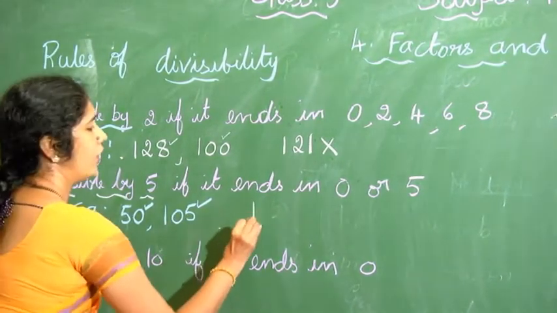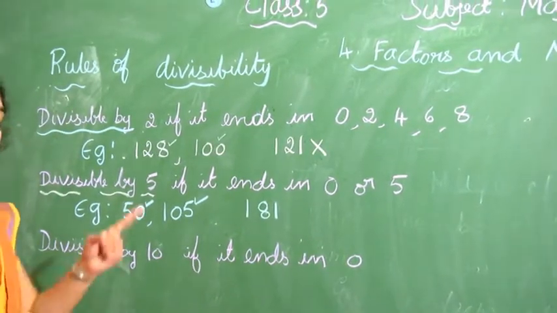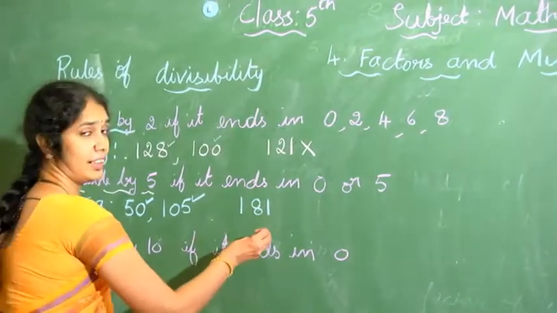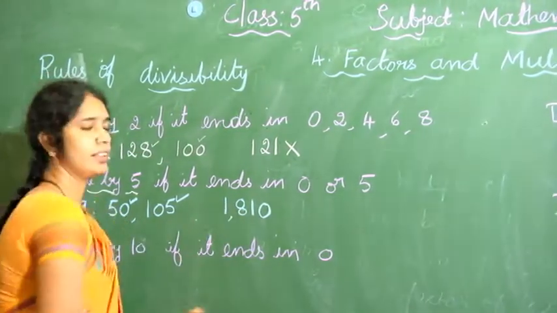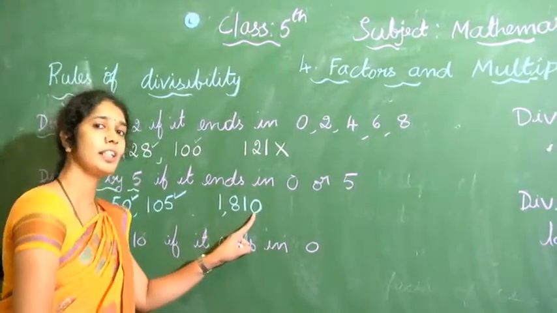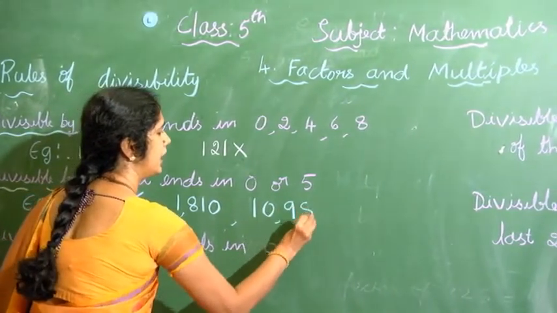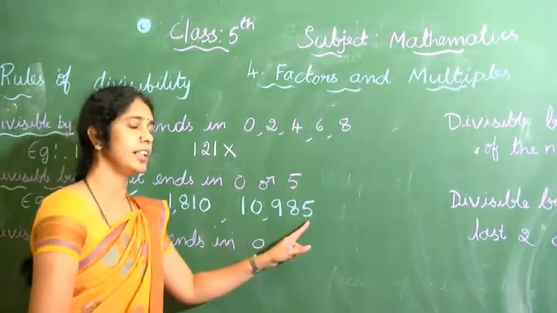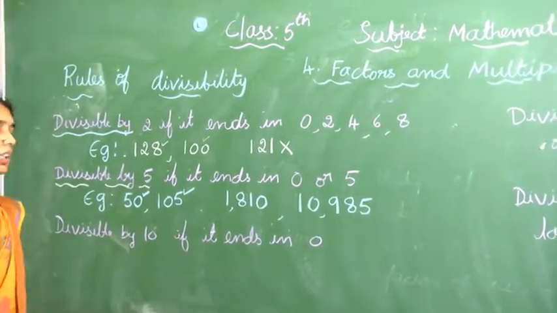But 181, is it divisible by 5? No, because the unit place digit is 1 here. If I write 0 here, 1810, is it divisible by 5? Yes, because the unit place digit is 0. 10,985, is it divisible? Yes, the unit place digit is 5. This is the divisibility test of 5.